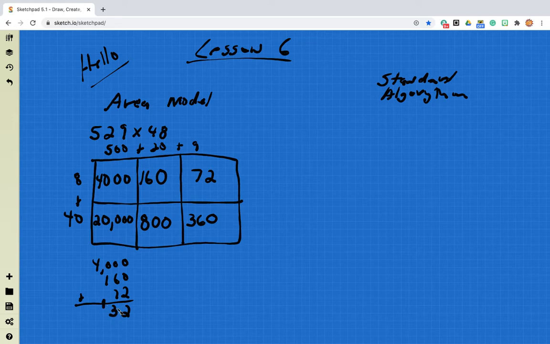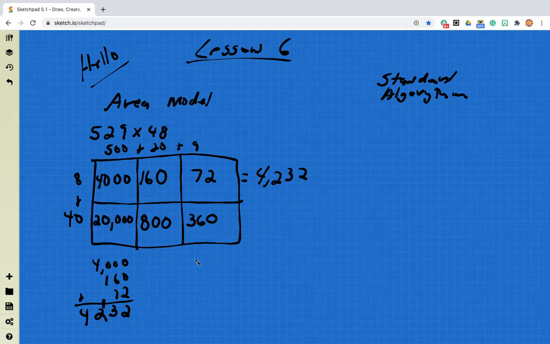Now 0 plus 1 is 100, plus another is 200. And 4,000 plus nothing else is still just 4,000. So for this partial product, or 8 times 529, I get a product of 4,232.